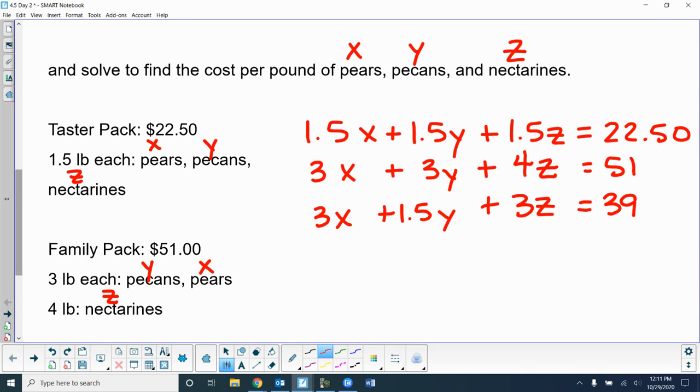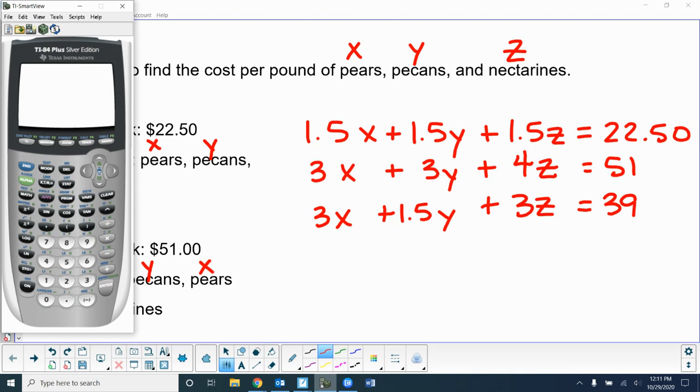So I go to my calculator, go into my matrix, edit, hit enter, and just change the dimensions. 3 enter, 3 enter. So it gives you 9 spots to put stuff in. The first one, they were all 1.5. And then 3, 3, 4. And then 3, 1.5, 3.